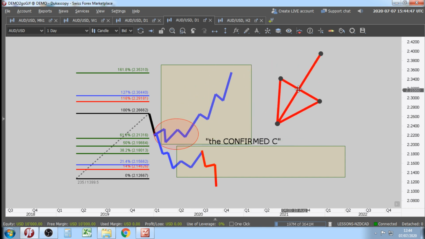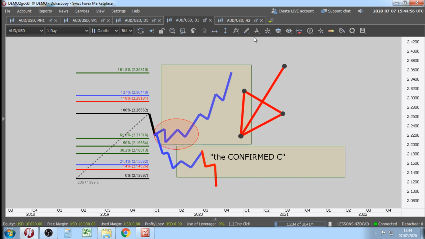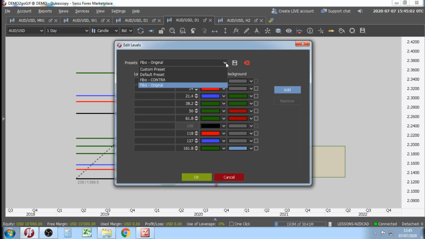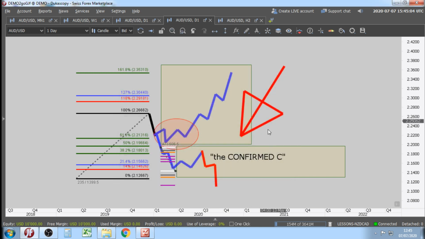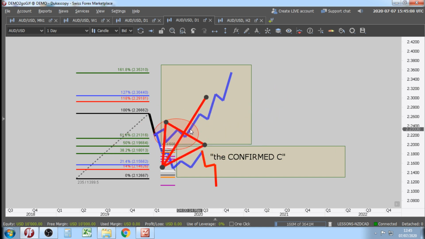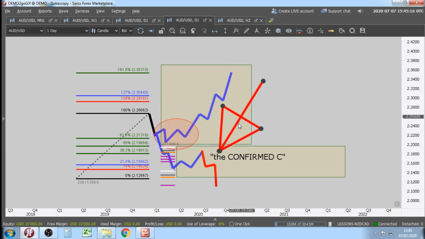And the Fibonacci rules state that we have the confirmed C when the extension of the Contrarian Fibonacci is below, in this example, the A of the original Fibonacci. So we have found the confirmed C. And when the market finds a confirmed C, we are entering according to the Fibonacci.